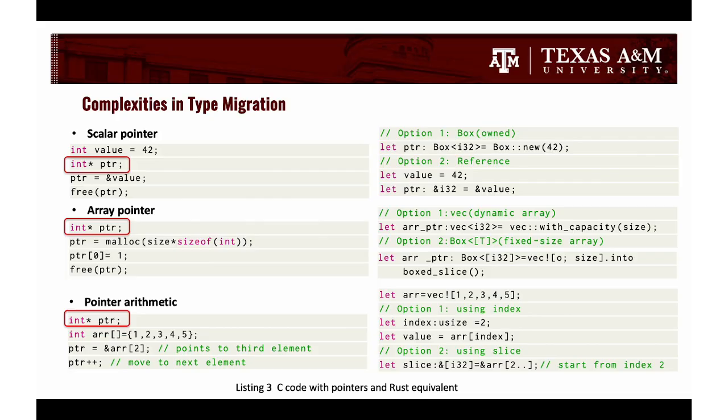LLM-based translations often fail to make this distinction because C uses the same declaration syntax for both scalar and array pointers. Let's take a look at each type of pointer, and we can see that even with the exact same declaration, we can assign a value, dynamically malloc memory, or use it for indexing.